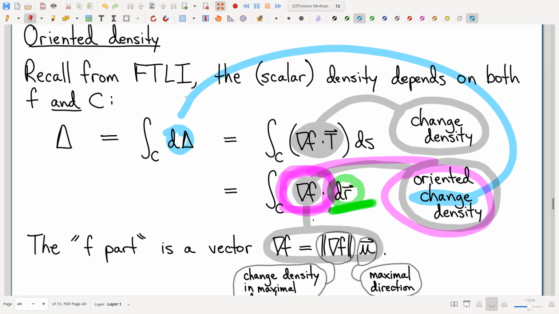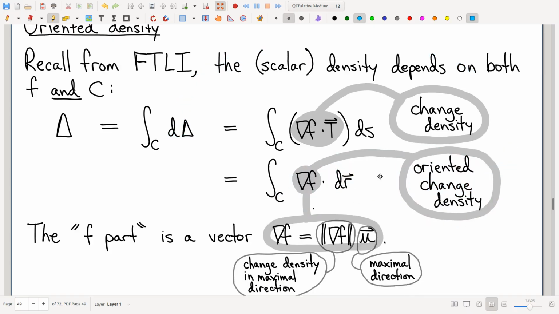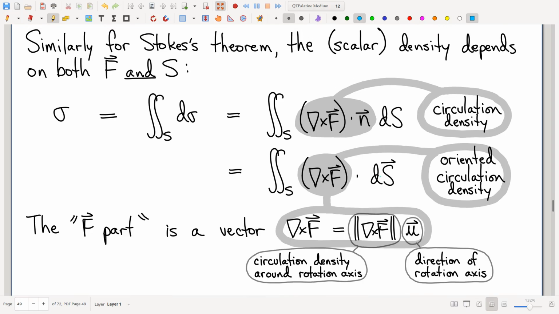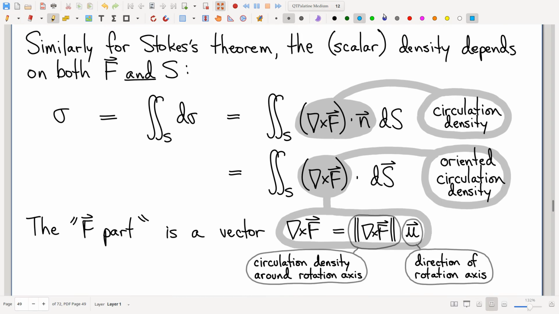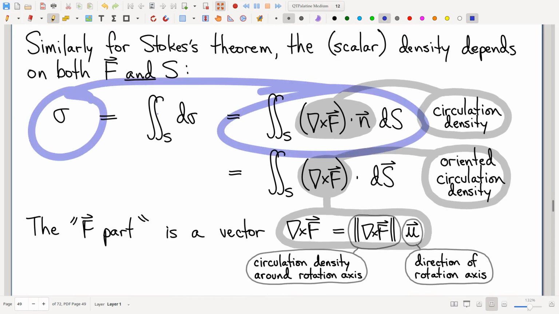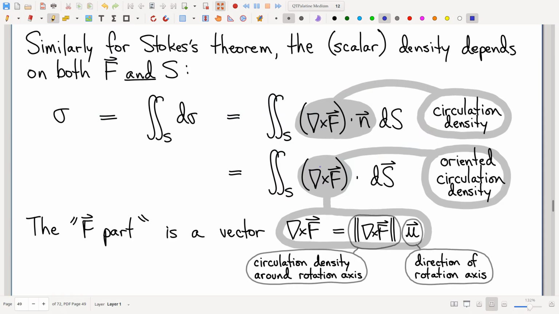Okay. All right, so we're going to do a very similar thing down here for the context we're in now. Note how strong the analogy is. Again, previously, we initially wrote down Stokes' theorem like this, and then we made the nice little observation that, hey, check it out, in dS.